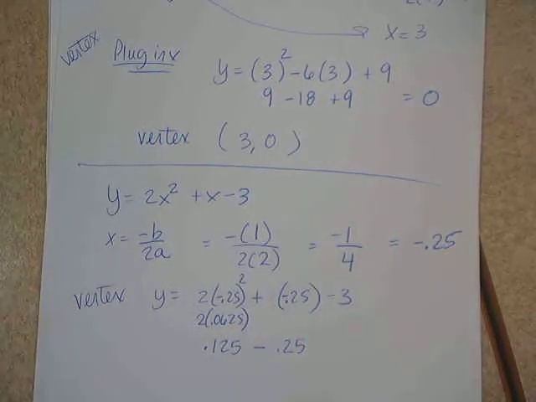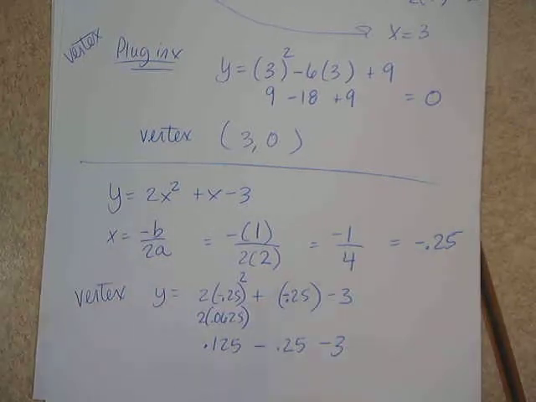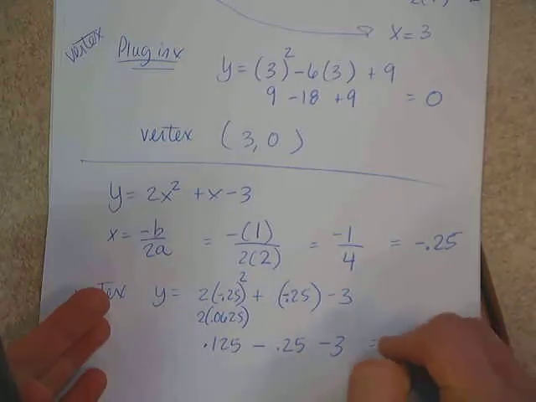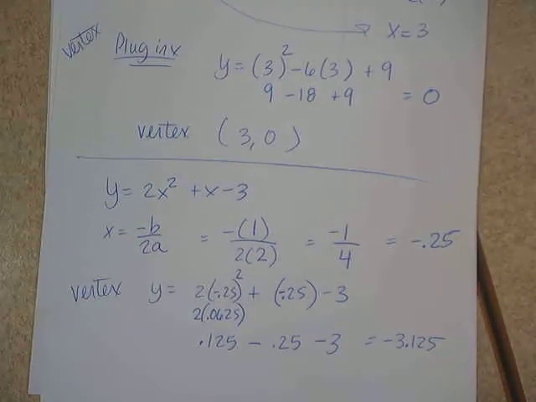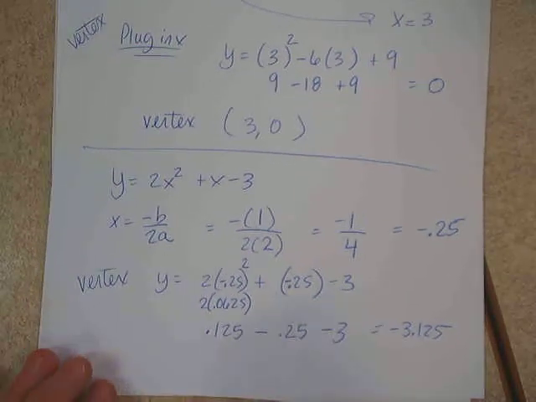So I get 0.0625, but I have to multiply that by 2. So that is 0.125 minus 0.25 minus 3, and now you can use your calculator to put in that string of values.